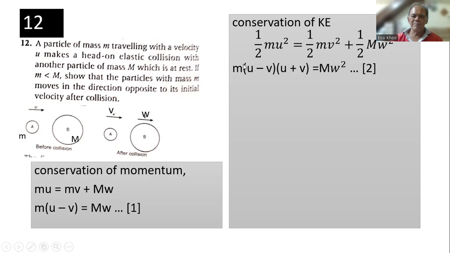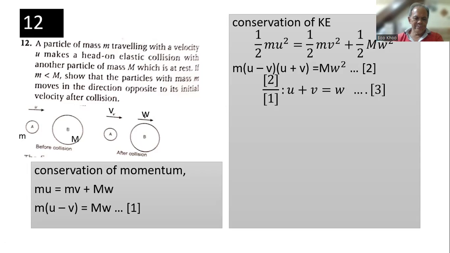Take the m out. So that difference of squares, u squared minus v squared, at that one there. Then we still got M w squared. So we can take 2 divided by 1. That one can cancel off. M, m cancel off. We still got w.